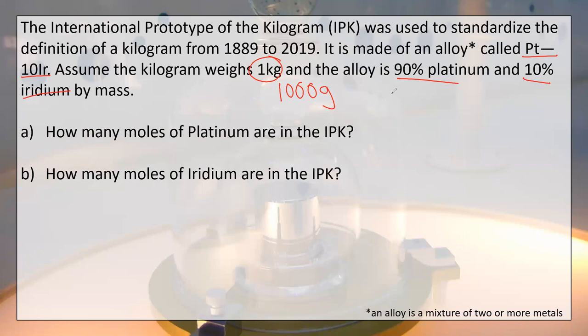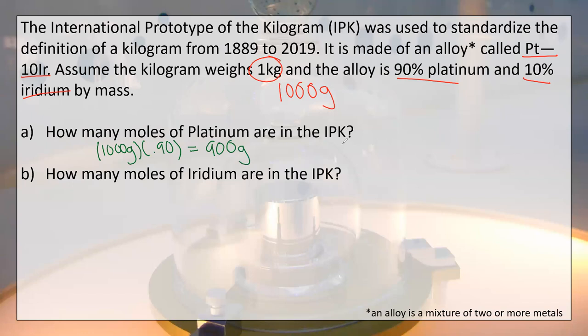So I know that the IPK kilogram prototype is 1,000 grams of matter, and that only 90% of that is platinum. So I'm going to multiply 1,000 grams times 0.9, get 900 grams.